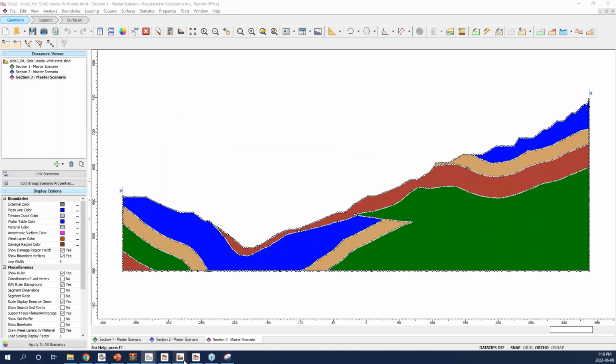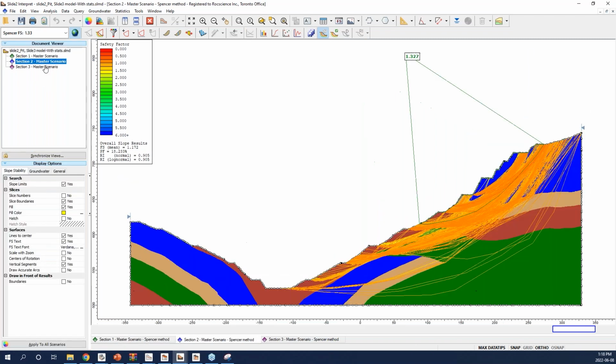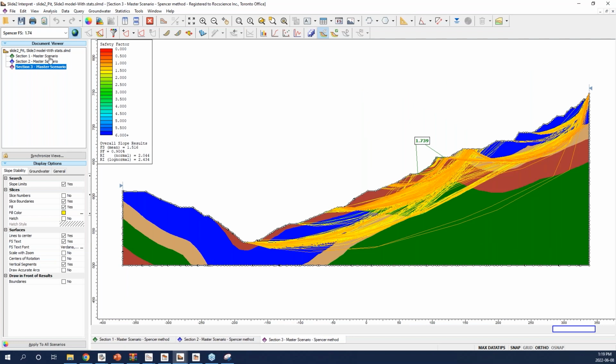If you look at the results, that's quite interesting. For 3 different sections, we get 3 different factors of safety and a huge difference in the probability of failure. In the previous webinar, I talked about the 2D, 3D results comparison. It really depends on where you take the 2D section, and the factor of safety changes from 1.1 to 1.7.